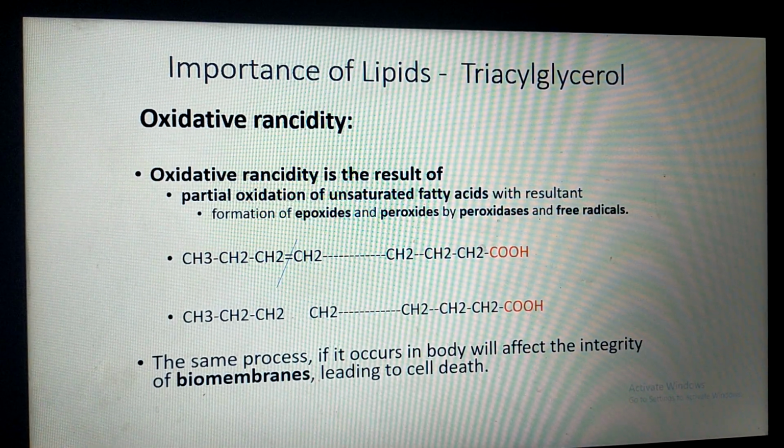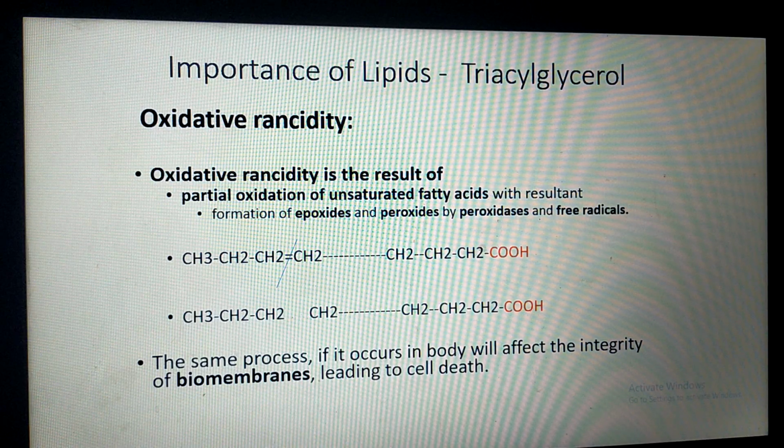Partial oxidation of unsaturated fatty acid leads to formation of epoxides and peroxides by enzyme peroxidase and free radicals. To understand this, see below I have given example of unsaturated fatty acid where I have shown a double bond there.